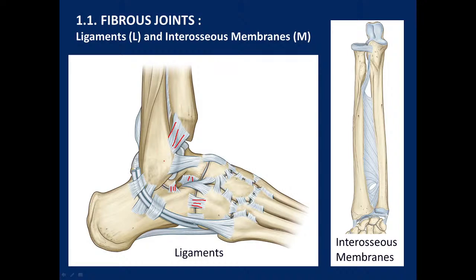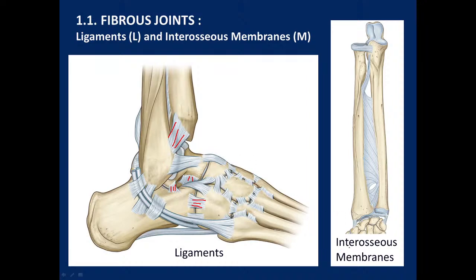There are a lot of ligaments in our body, and in ligaments the dense, irregular connective tissue is typically arranged as a bundle, and the joint permits limited movement. It is possible to move a little bit between the bones where we find ligaments.